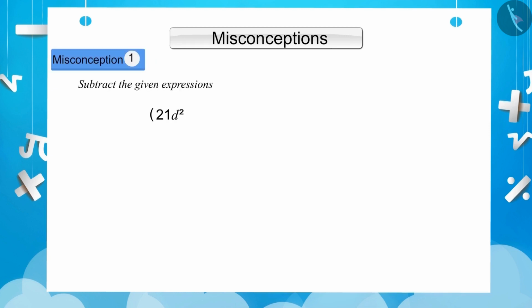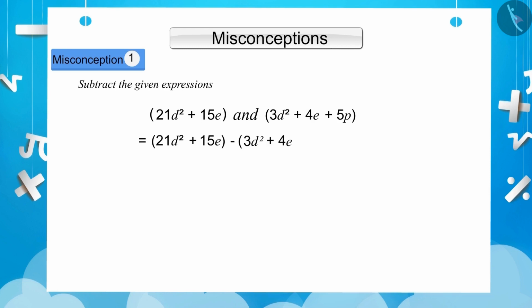Misconception 1. Subtract the given expressions 21d² + 15e and 3d² + 4e + 5p, which is equal to 21d² + 15e - (3d² + 4e + 5p).